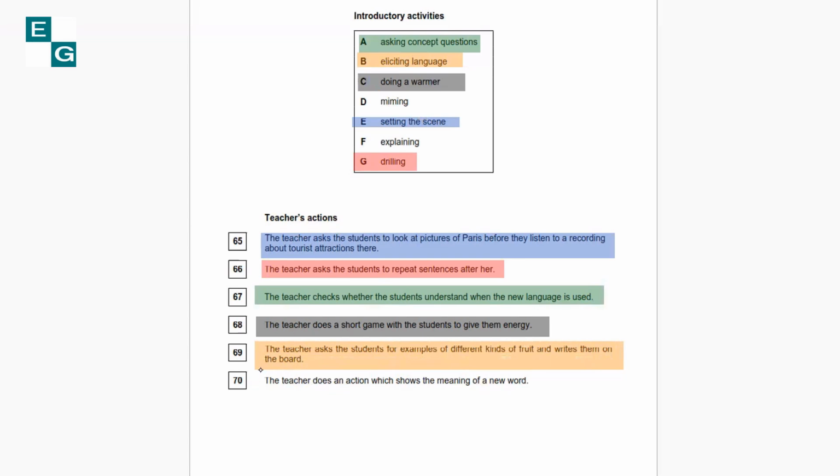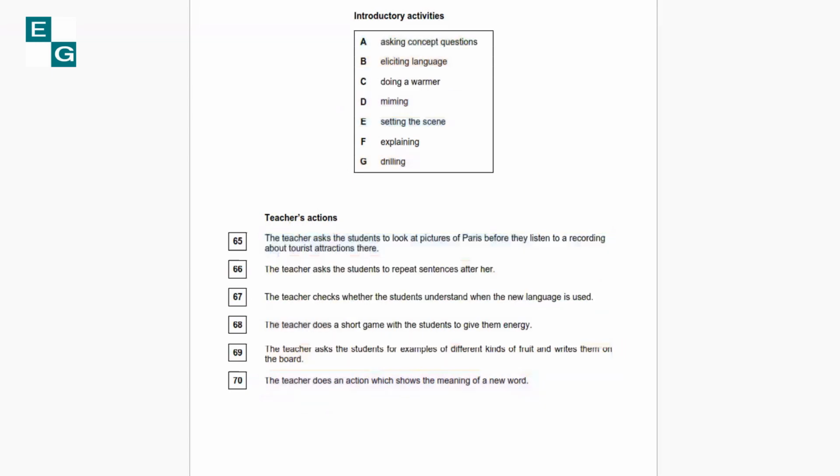And then it says, the teacher does an action which shows the meaning of a new word. And that would be miming. You mime when you want to teach them new vocabulary words by gestures, in this case, mostly action verbs. So the one that was not used was option F, explaining.